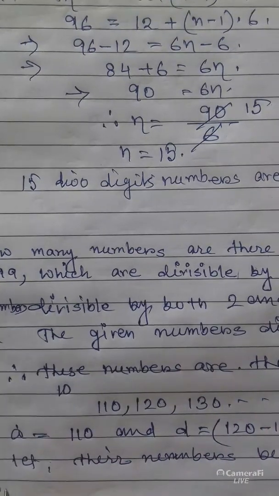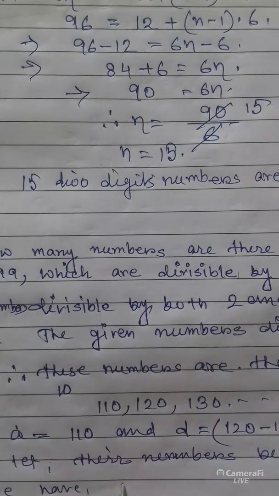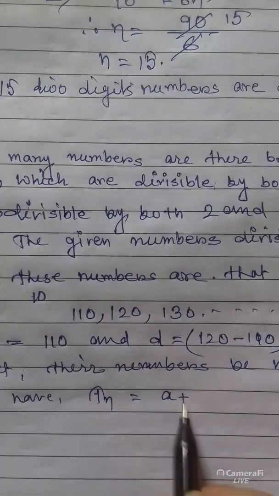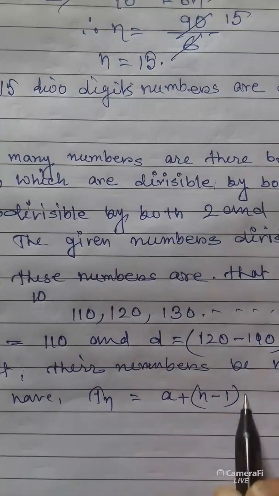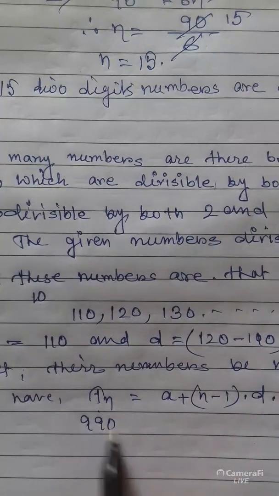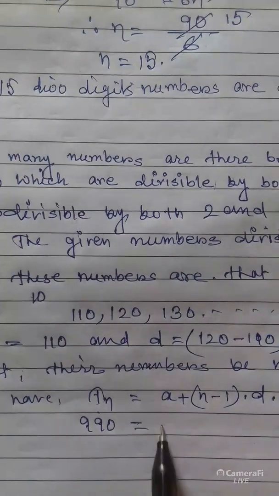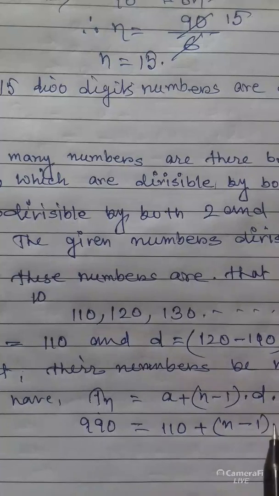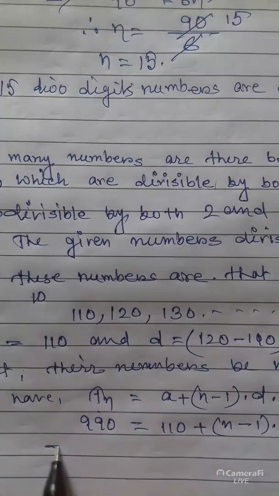Now we have Tn equal to a plus n minus 1 into d, and the nth term equal to 990 equal to 110 plus n minus 1 into 10.